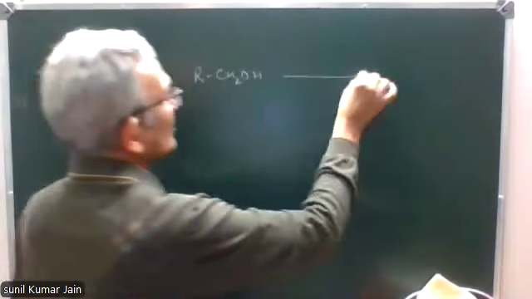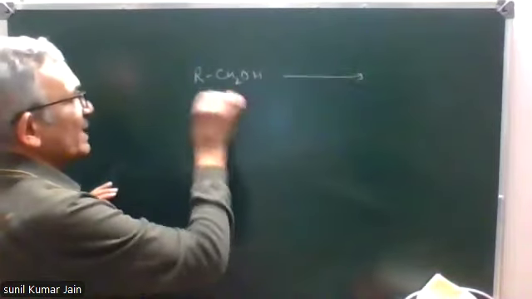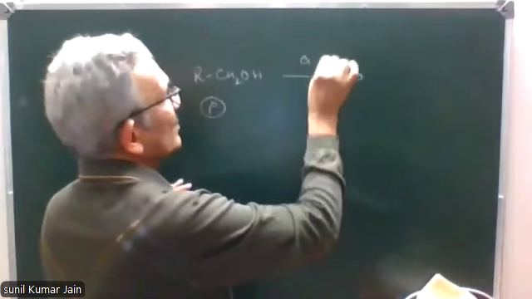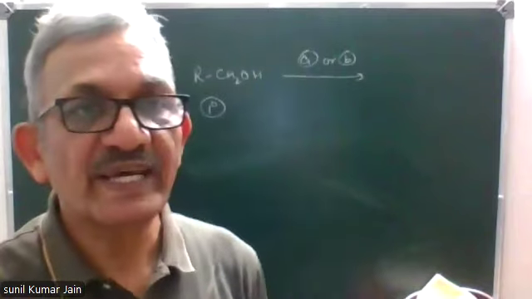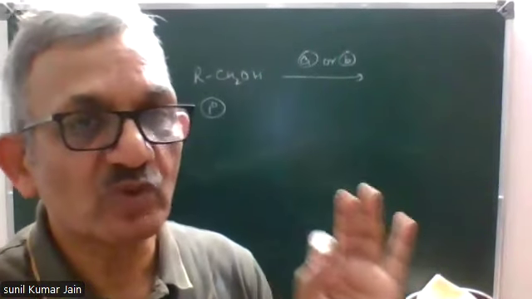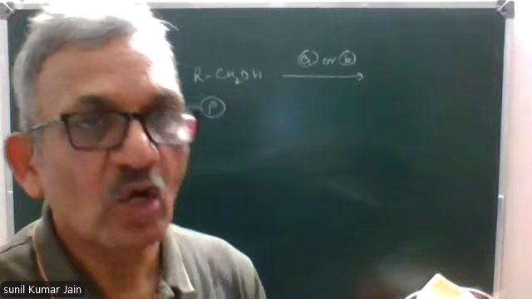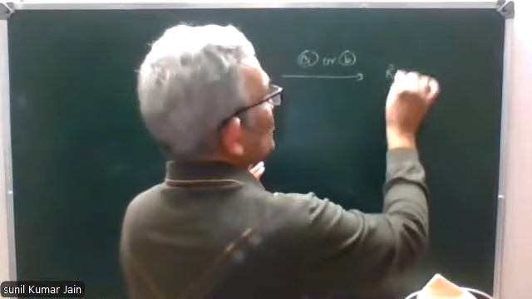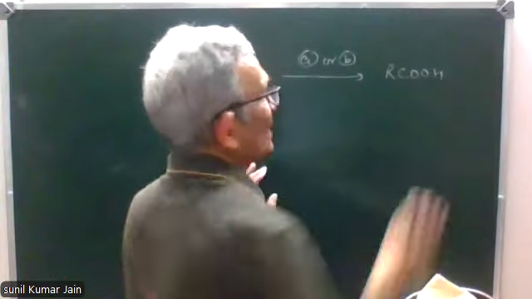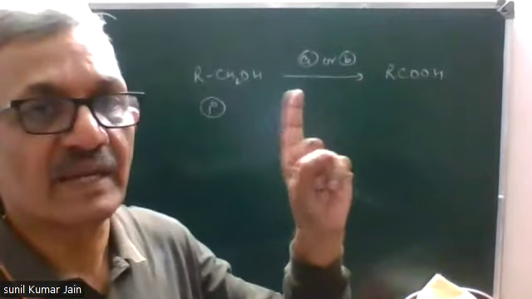RCH2OH. This is primary alcohol. Above the arrow, A or B. It means if we use oxidizing agent A or B, then the product obtained is a carboxylic acid.